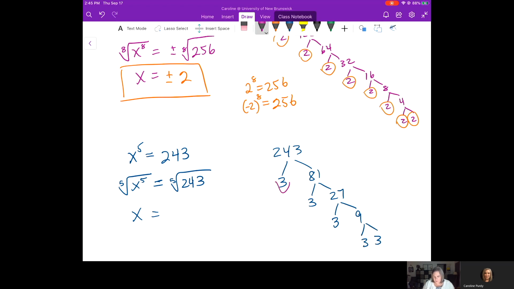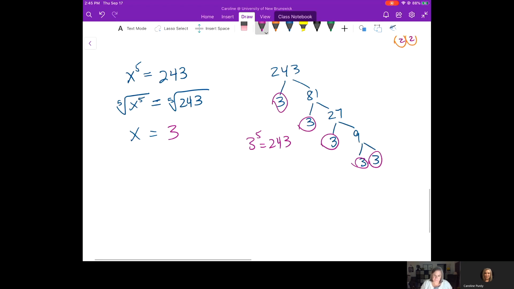And you'll see there are 1, 2, 3, 4, 5. So this is 3. 3 to the 5 is 243.